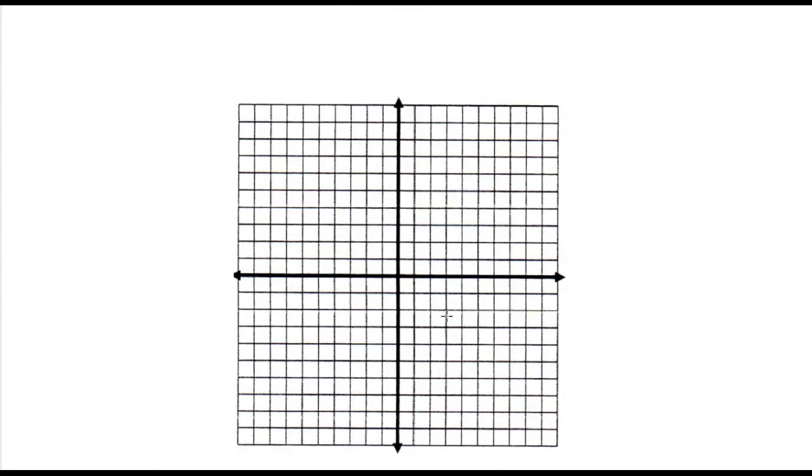So here's our Cartesian plane, and I'm going to draw to the best of my ability here. I'm going to try to draw the vertical asymptote at x equals 2.